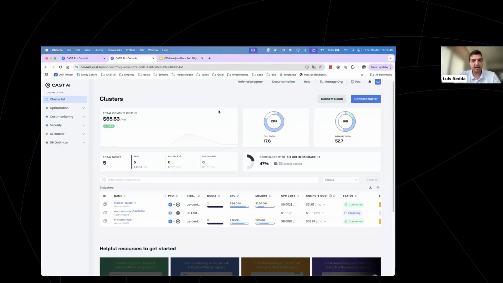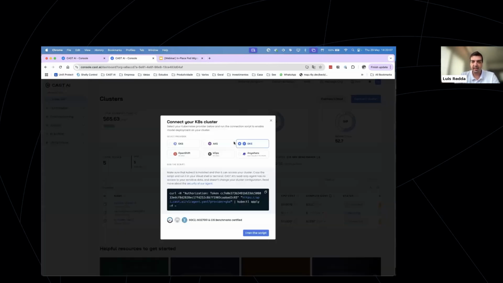Okay, guys. Here I have my CastAI console where I can see all my clusters that are connected in the platform. To get started with CastAI is super easy and quick. You can connect your cloud, and we can discover all of your clusters, or you can just install a quick agent, selecting your distribution.